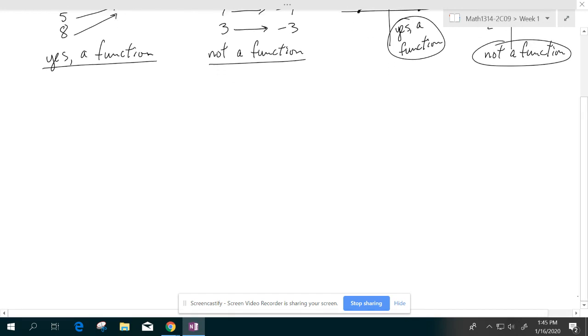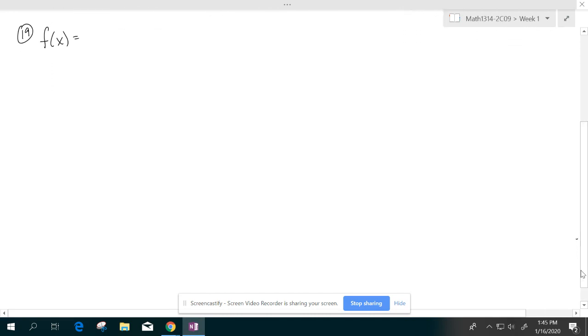And now I'm going to backtrack and go back to number 19, where we actually get to work with a function. Two x squared minus 3x.